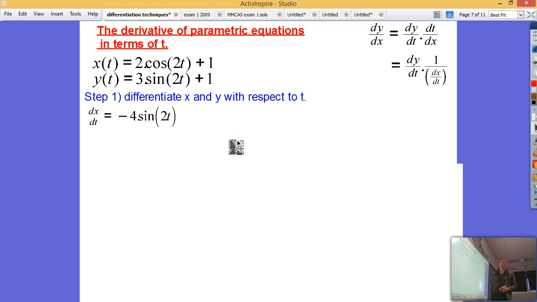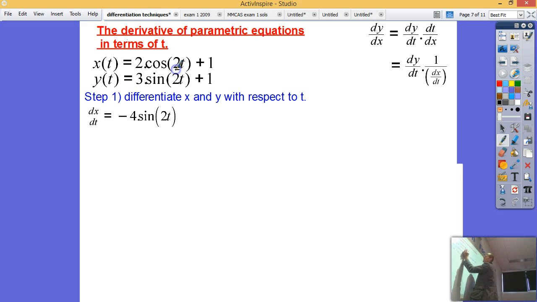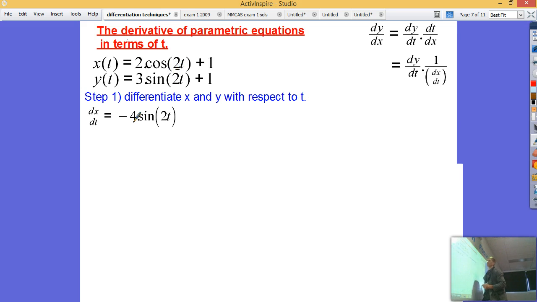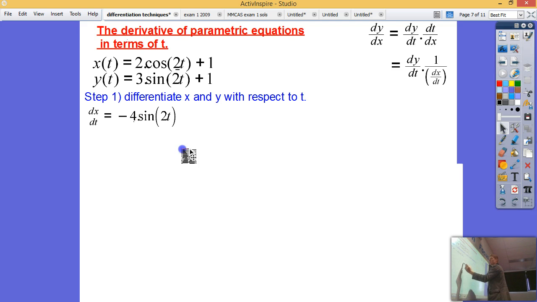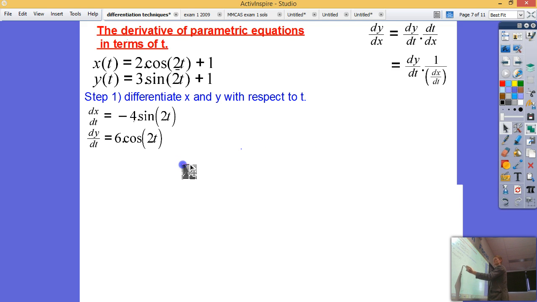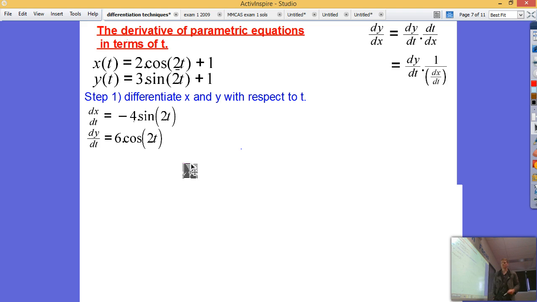So the first one, dx dt, the derivative of cos becomes a minus sine, and the 2 multiplying the t becomes a multiplying factor at the front. 2 times 2 gives you your 4. And if we keep going and differentiate y with respect to t, we'll get a function like that.